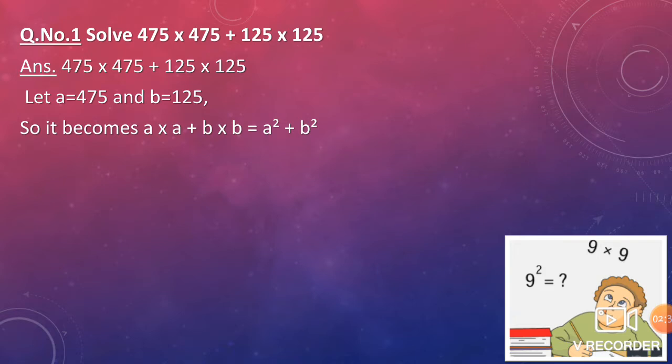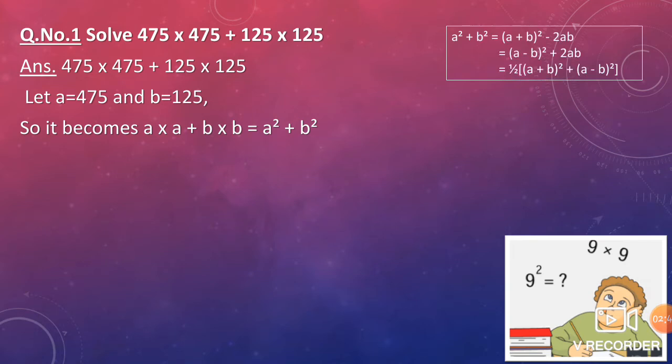In the last video I already discussed that there are three basic formulas for A square plus B square. That is, A square plus B square equals A plus B the whole square minus 2AB; A minus B the whole square plus 2AB; and half of A plus B the whole square plus A minus B the whole square.